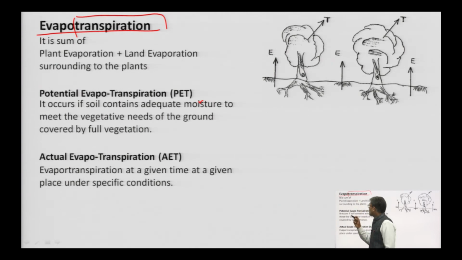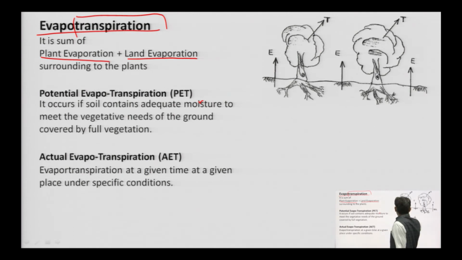So it is plant evaporation and land evaporation, the sum of these two. See in this figure, this is E, the land evaporation, and this one is T, the transpiration.